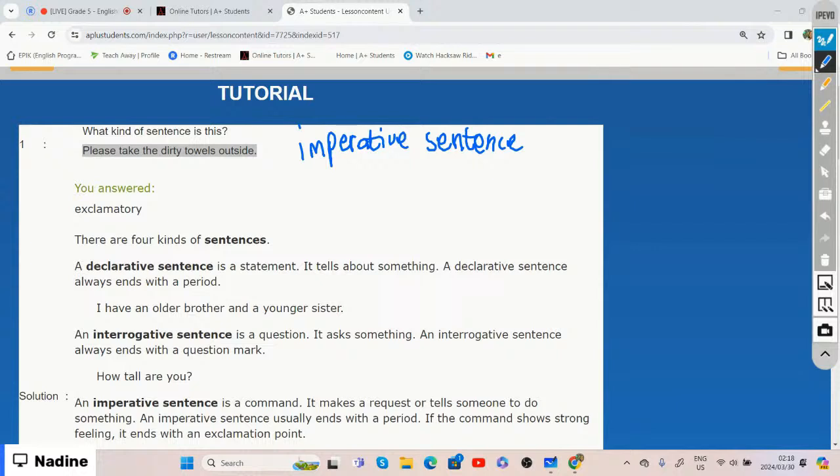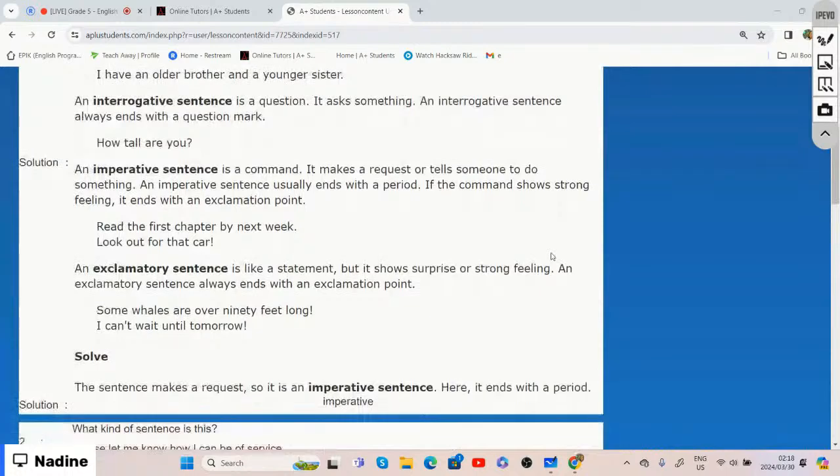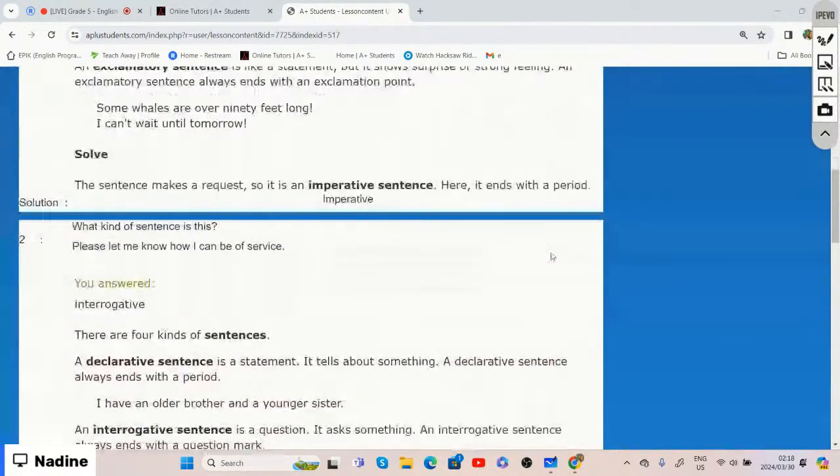Yes, so well done. Imperative is correct. Because it's basically commanding you to do something.